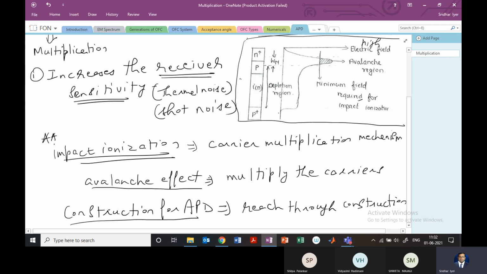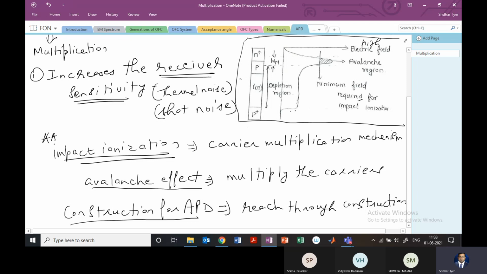So the basic principle of this APD is, it works like the pin diode, but additionally it also ensures multiplication. So for that we need to have a high electric field. It will take all the carriers, provide enough energy, and these carriers will hit the other carriers, and new carriers are generated, and because of the high electric field, there's going to be further ionization, right?